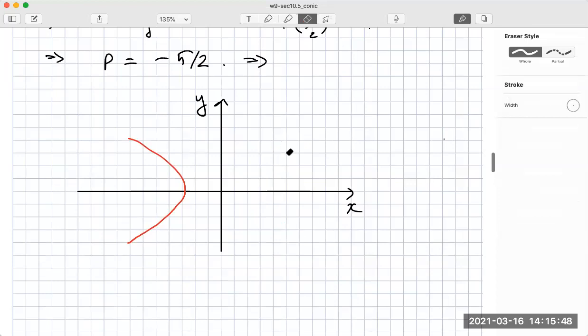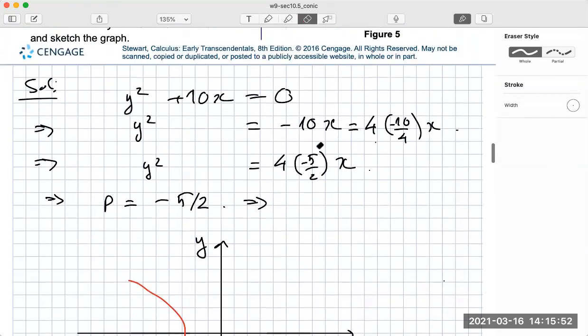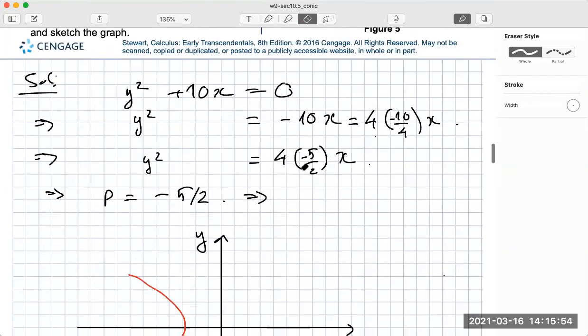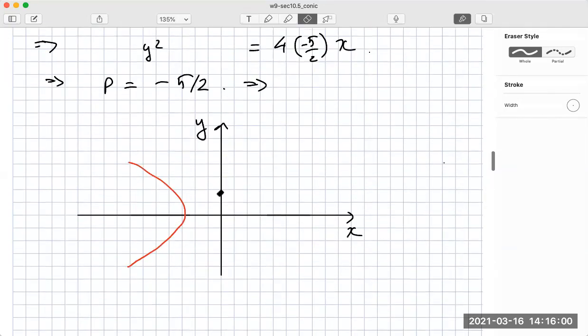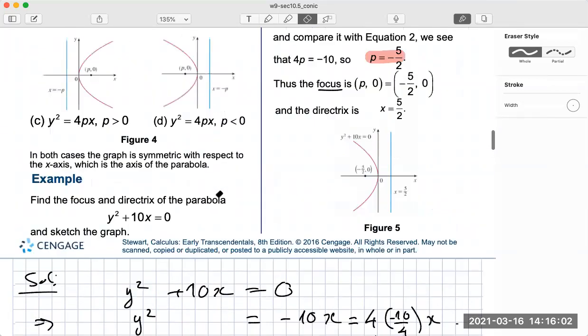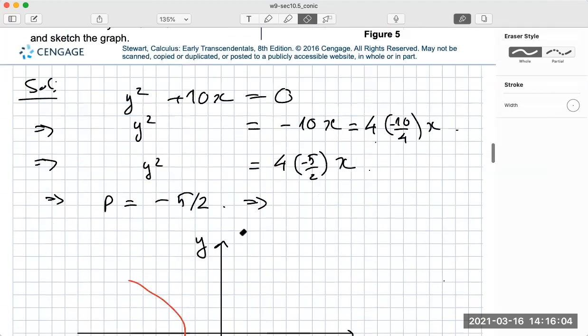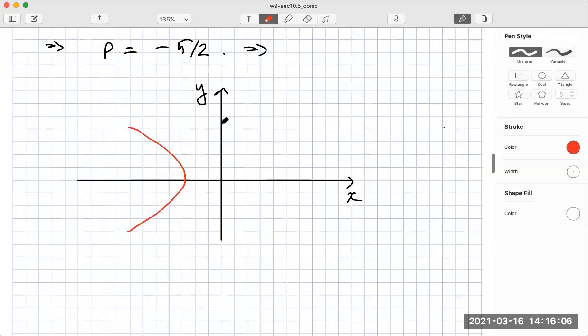Okay? We observe that. Then the focus will be, at y equal to 0, we are able to find a point on this parabola.